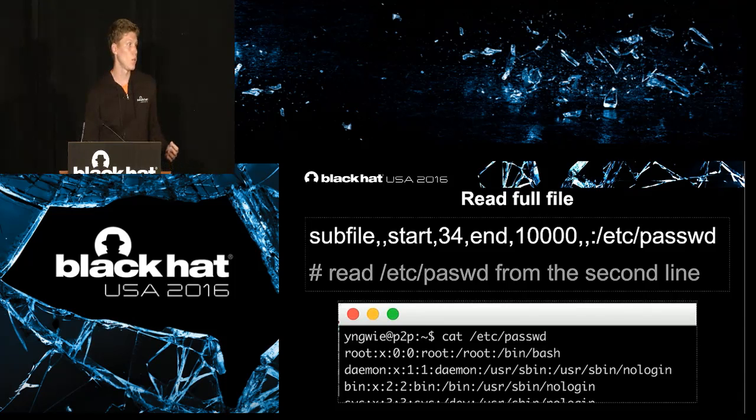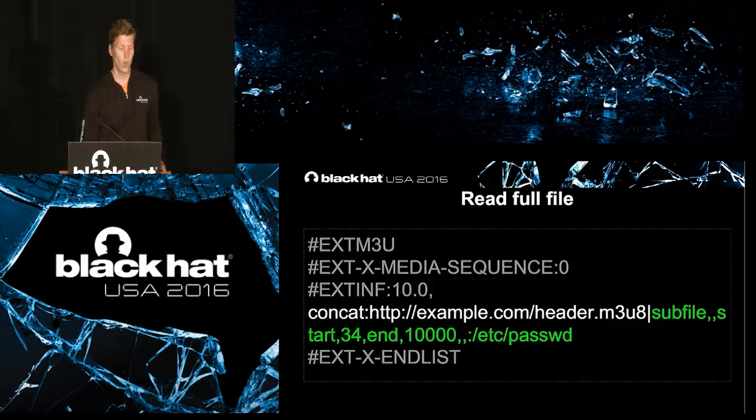You may think that you will need to upload as many files as strings you want to read, but it isn't so. Remember how our exploit works. We have an M3U8 playlist, and we have another crafted M3U8 playlist inside it using the concat protocol. Usually we simply log this HTTP request and return nothing, but we can use it too.